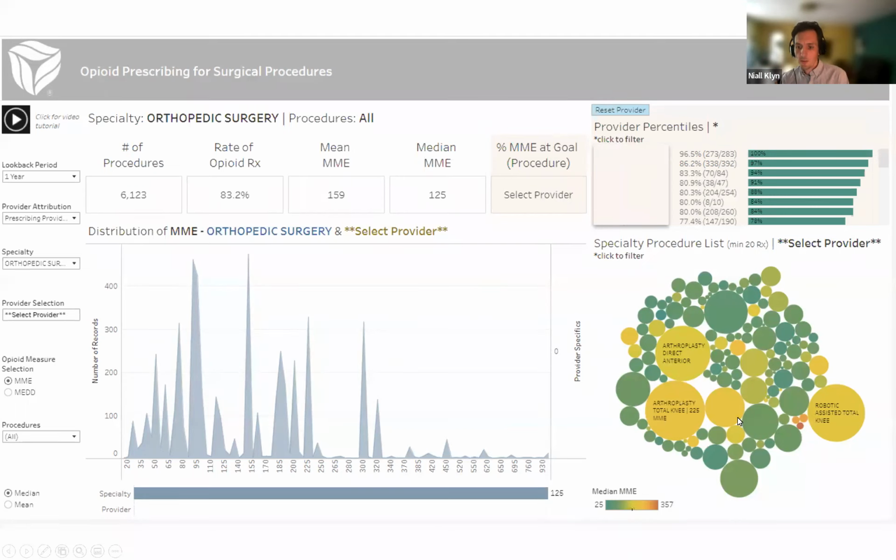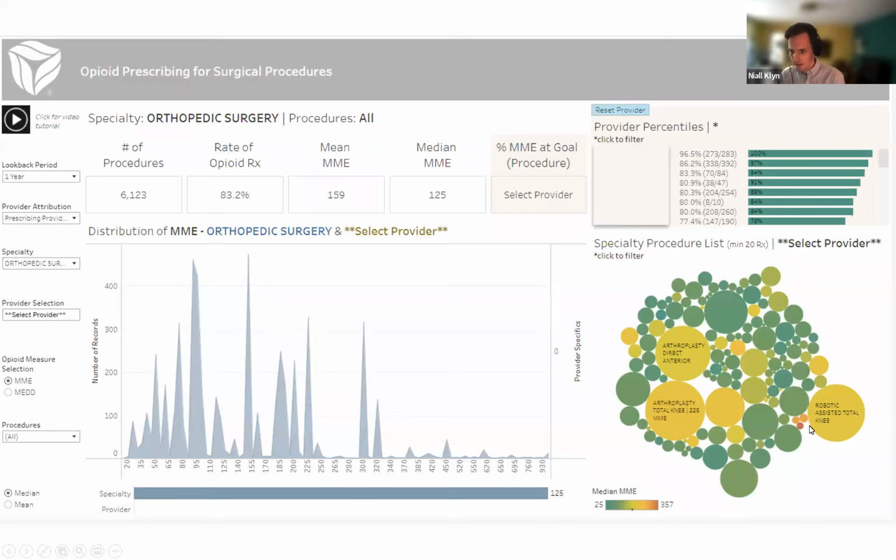Now, these individual procedures, their size is just by the number of cases over this period of time. And then the color is the overall median morphine milligram equivalent. So darker colors means it's higher. Just to give you a heads up, this is one of the areas where I think we could improve this dashboard. I think the color should be guided by the variability within each one, the spread of this distribution, not just the median.